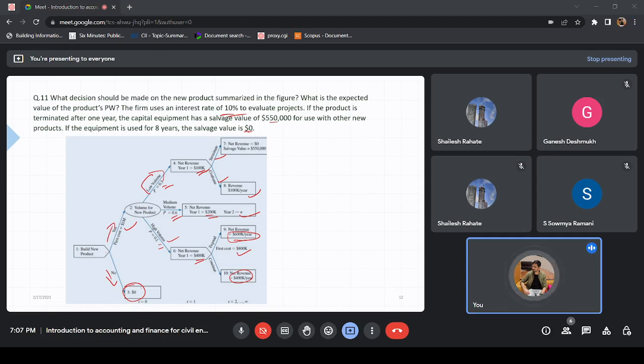So let's see, how many options do you have? At first node, you have got two options. Do you want to invest in the project or not? If you decide to make it, at the end of first year you again have some decision to make.